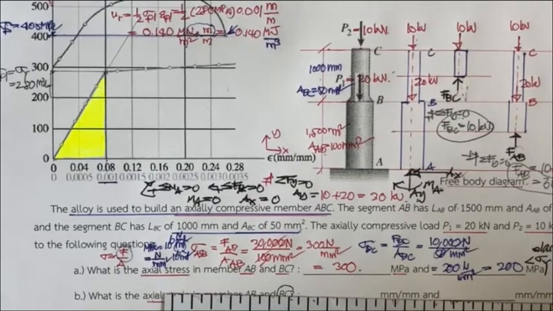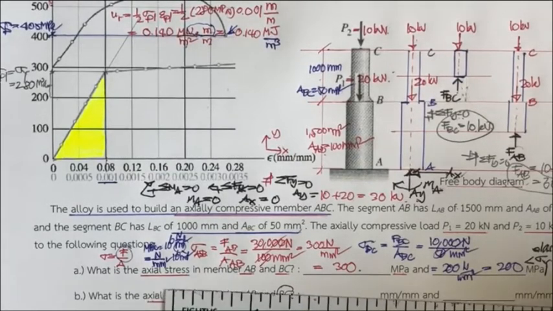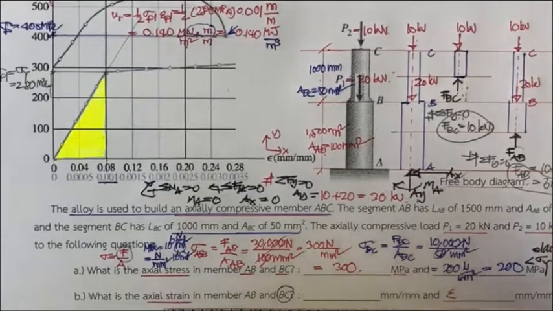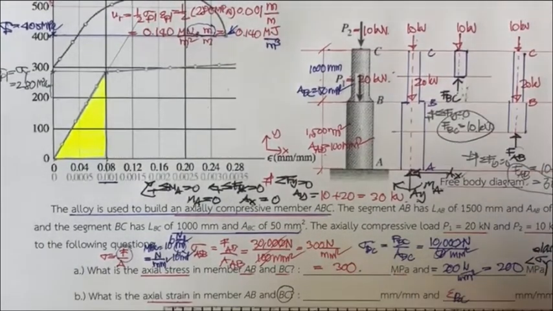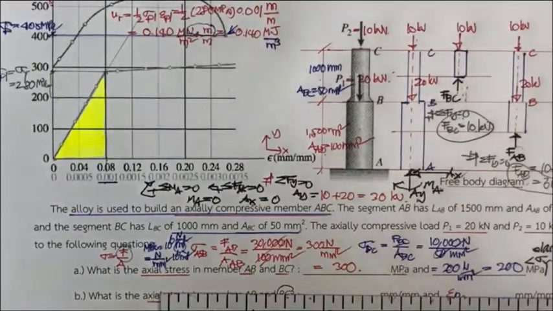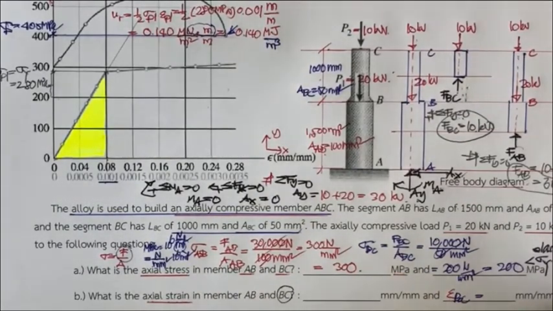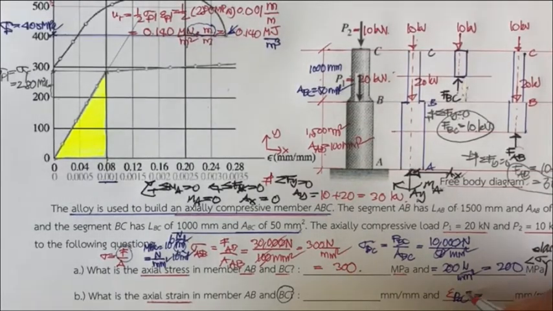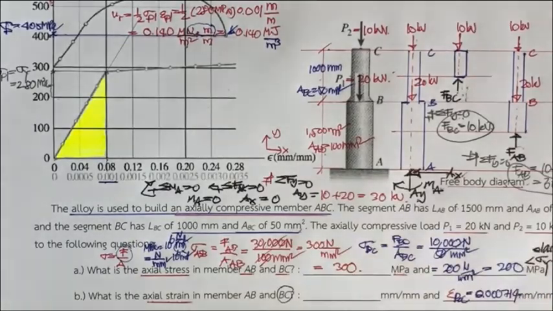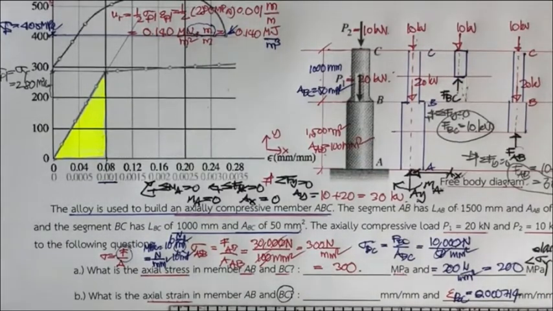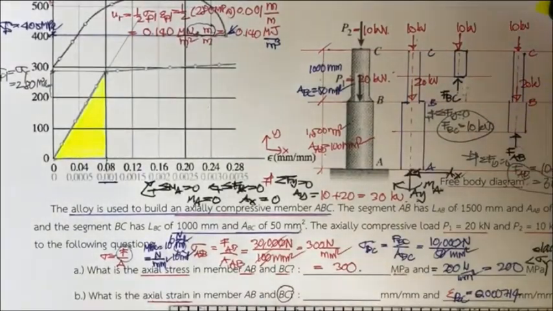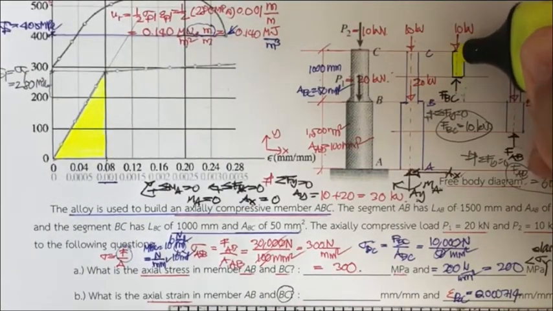If you do your calculation, you may get strain of BC equal to 200 divided by 280,000, that is going to be equal to 0.000714, due to the linear behavior for this member BC.